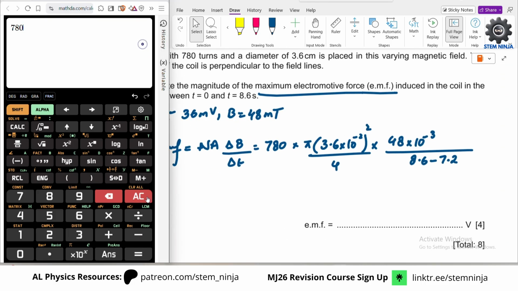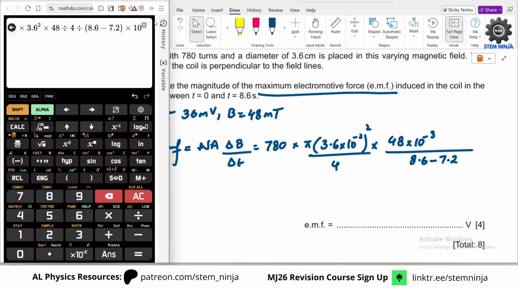So 780 times pi times 3.6 whole squared, times 48 divided by 4 divided by 8.6 minus 7.2.